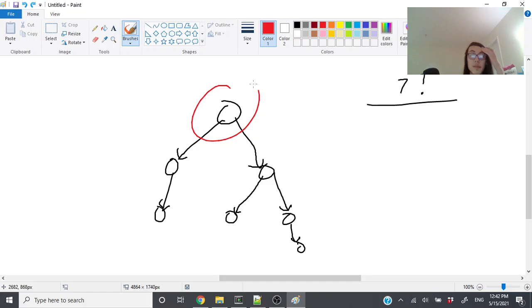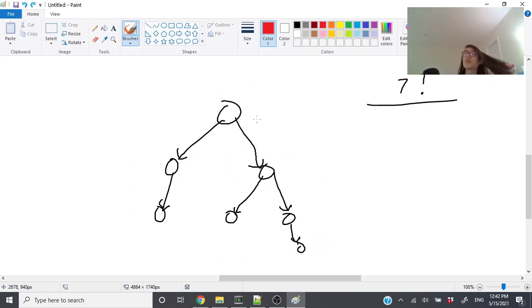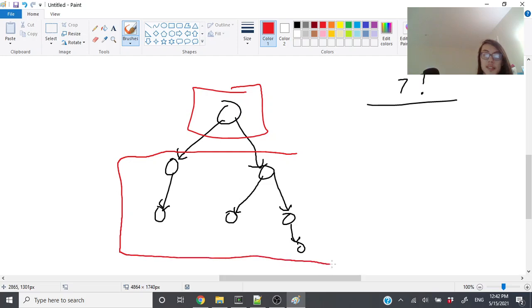But this has to be the larger one. Specifically, this element has to be before all of these. So we have to put this first, and then we can do these however we want to.